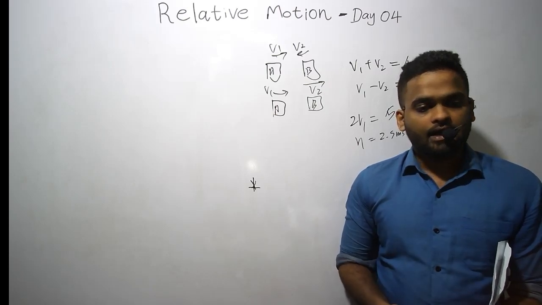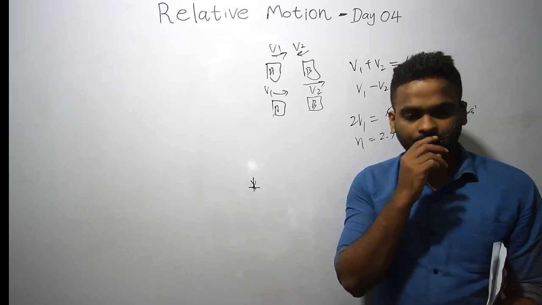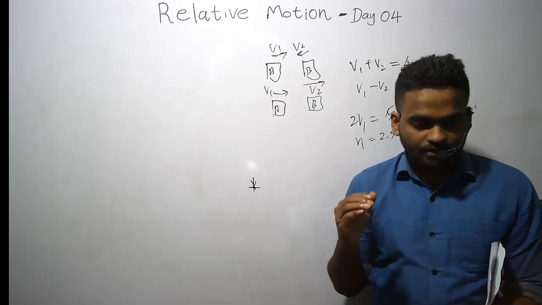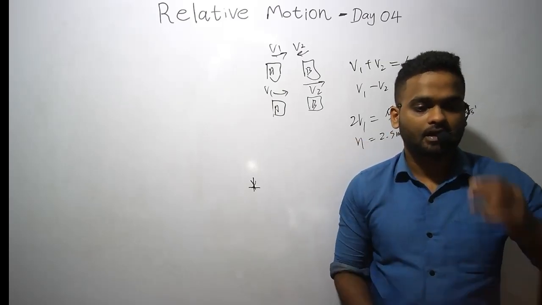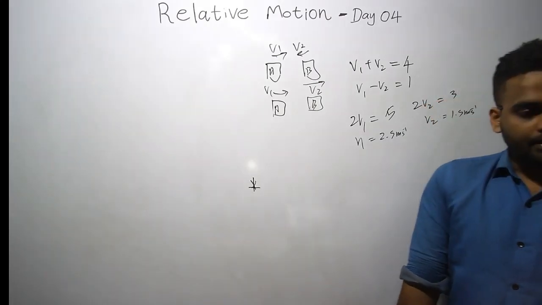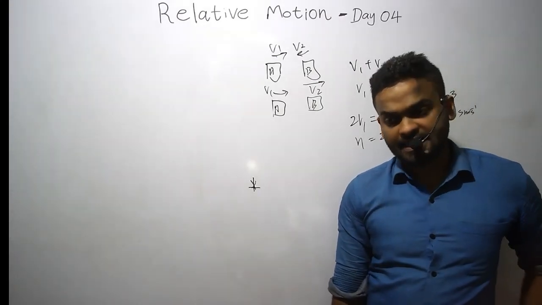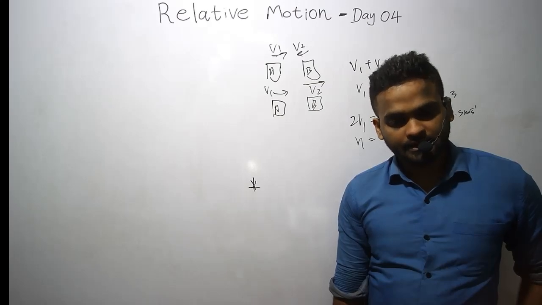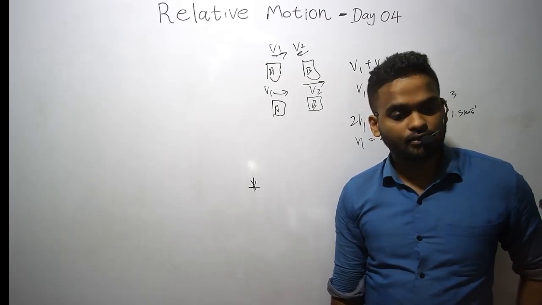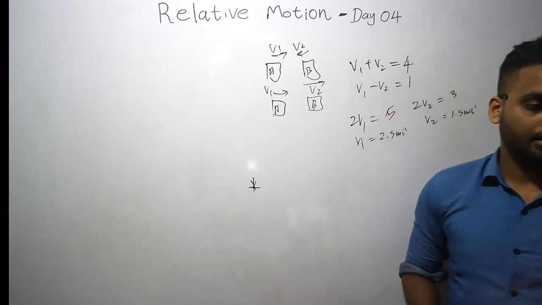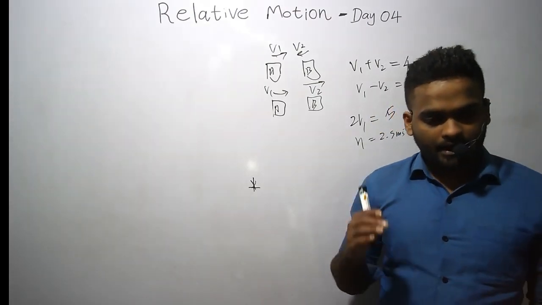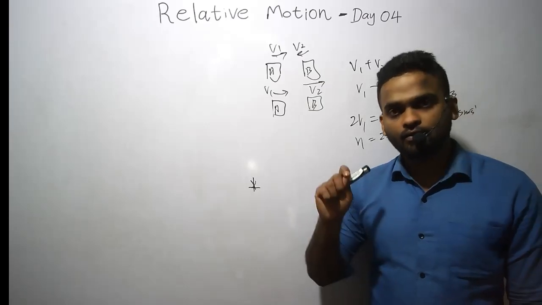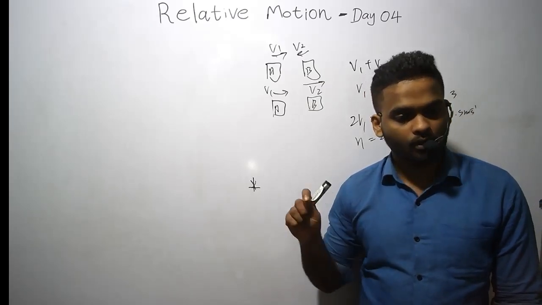Write down: rate of change of gap is equal to relative velocity between two objects.